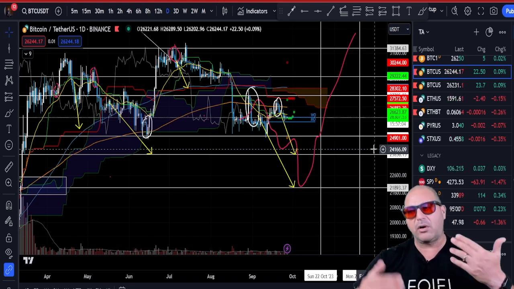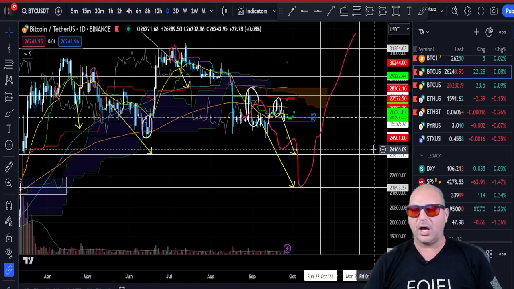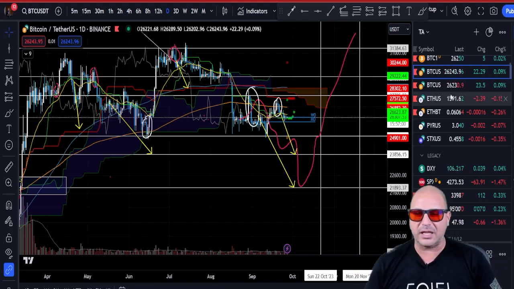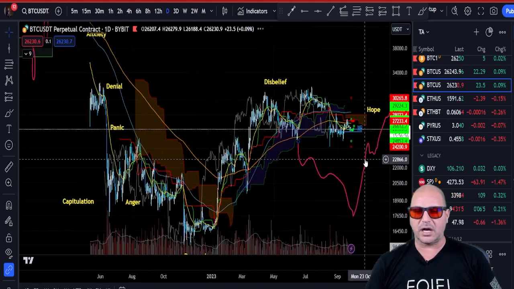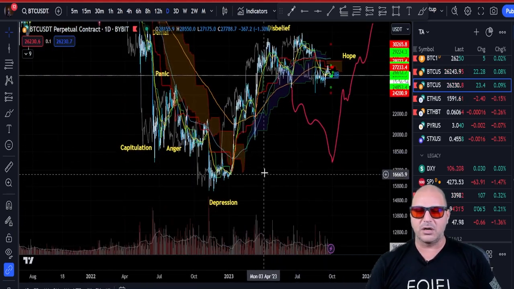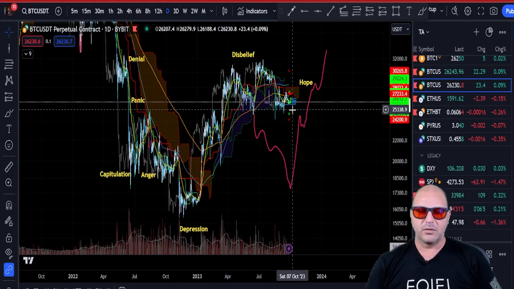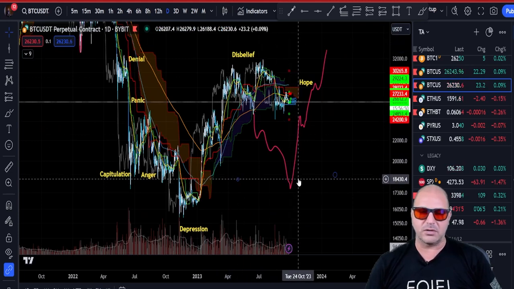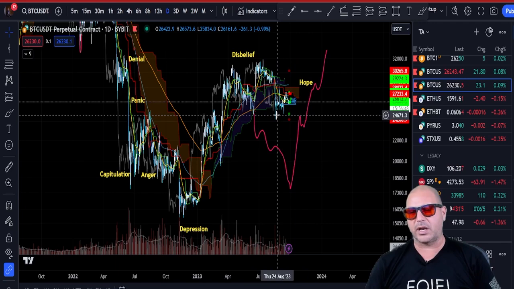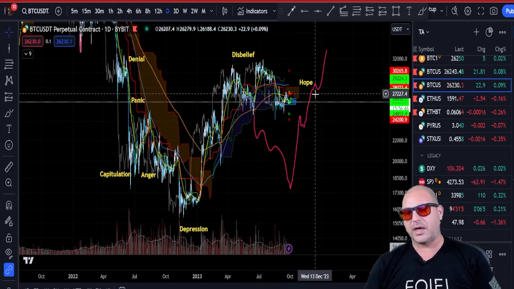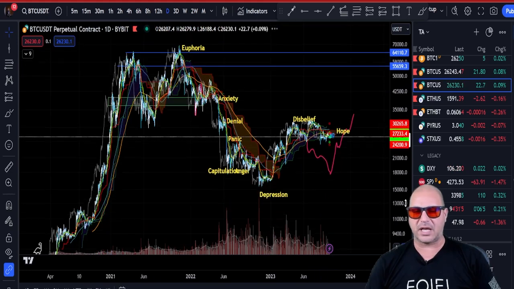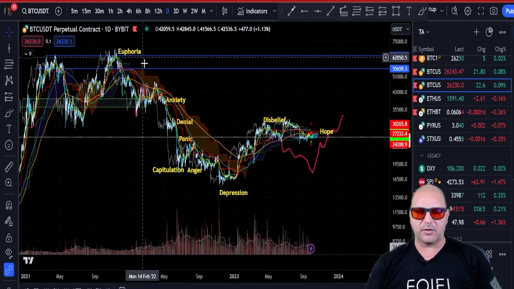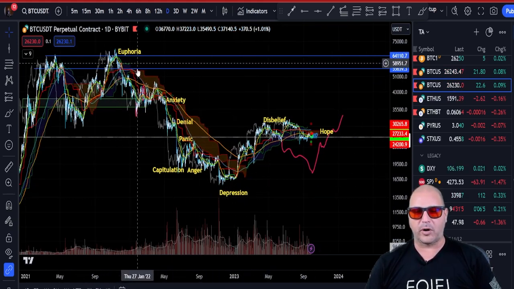But I think right now we'll have that nice smooth disbelief rally. And this is where I was thinking we had that disbelief, we'll come drop back down, maybe not as low as this showing right here, but come back down and then go back into the hope, and we're back into the next part of the cycle, right? So I think right now we've gone through all this horrible part of the cycle.